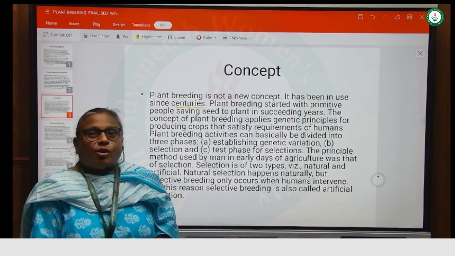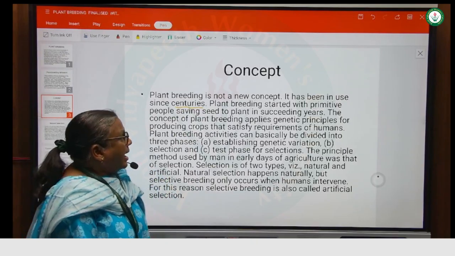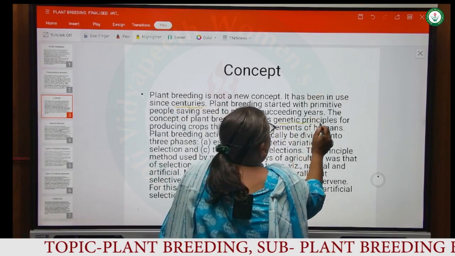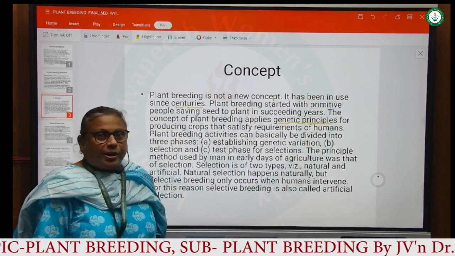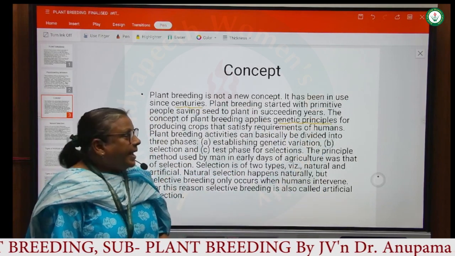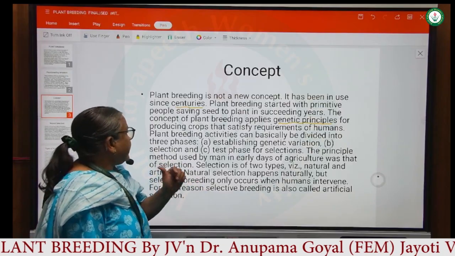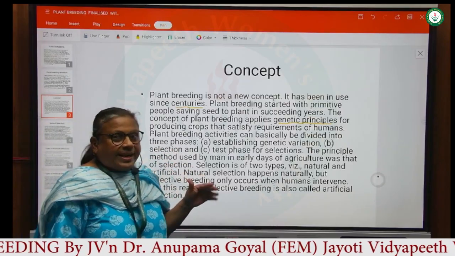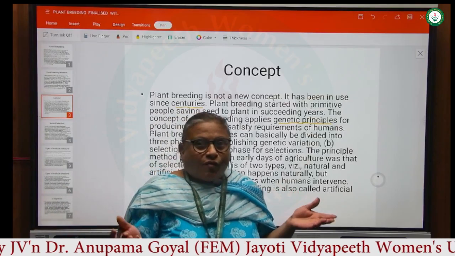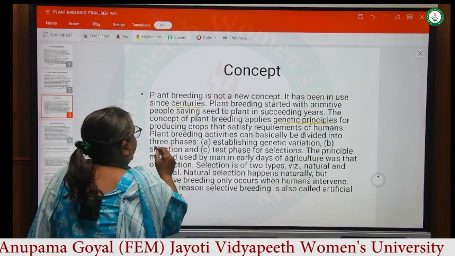The concept of plant breeding applies genetic principles for producing crops that satisfy the requirements of humans. And plant breeding activities can be mainly divided into three phases.